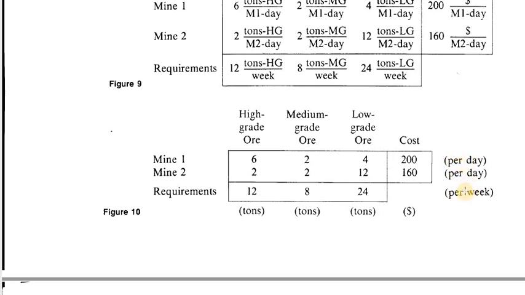So per day, per day, per week. And you can verify that the units all work out if you multiply these units properly. All right, here you have 2. This 2 should have units of tons per day. This 12 should be tons per day. This number here should be dollars per week. So all of our units are working out nicely.